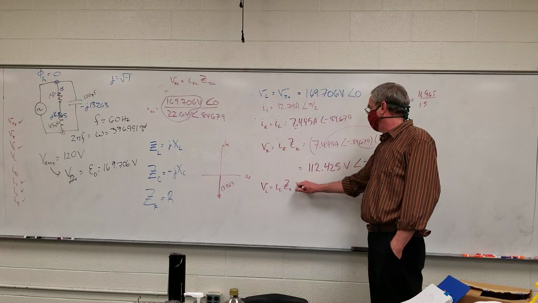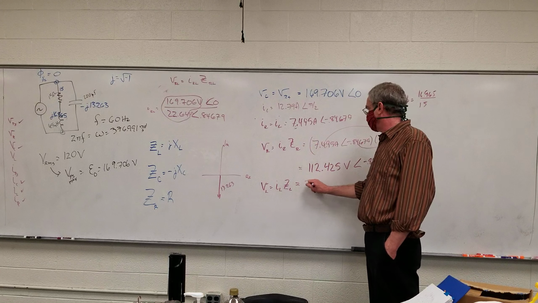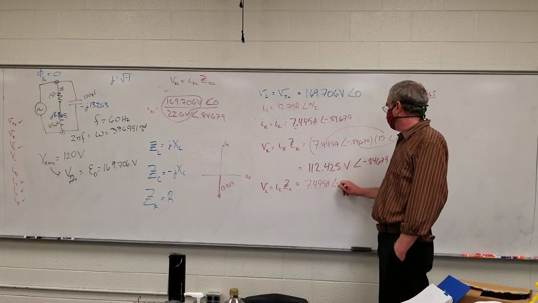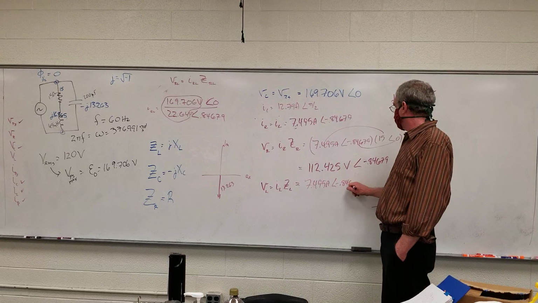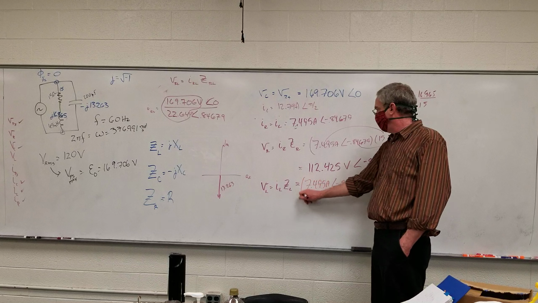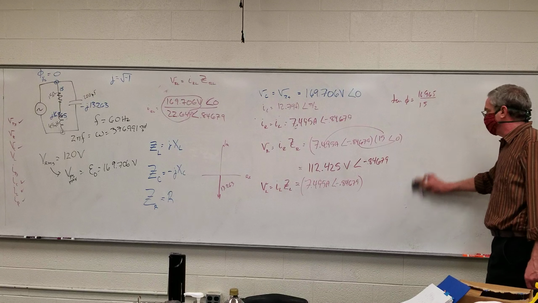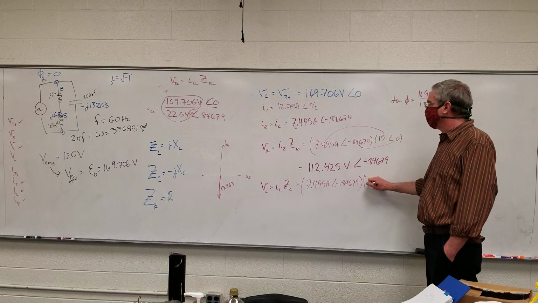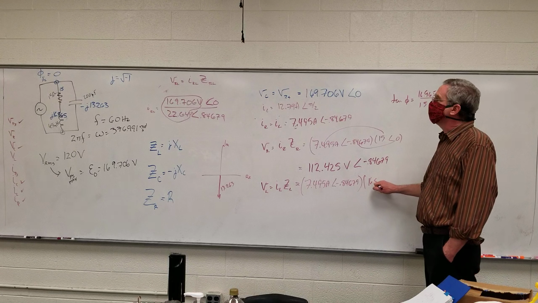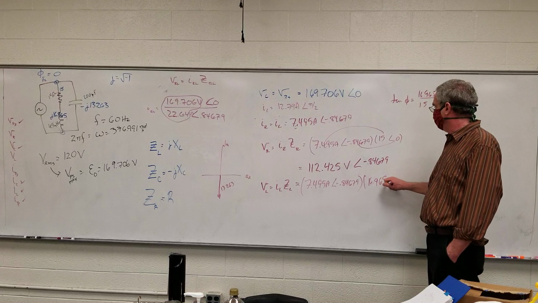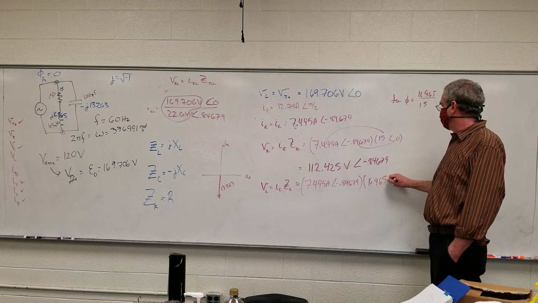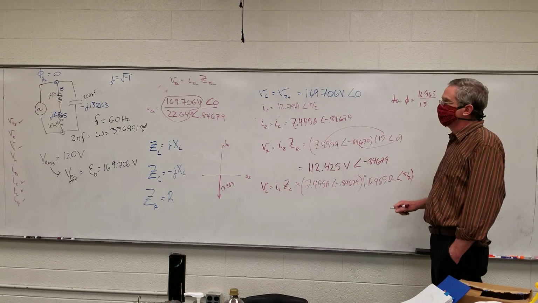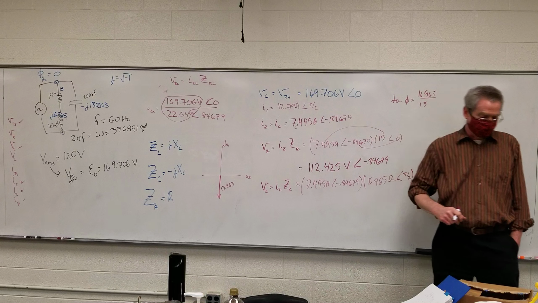So that's the current, the same as we just used, 7.495 amperes at an angle of negative 0.84679 times my impedance across the inductor, which is 16.965 ohms at an angle of pi/2, because it's a positive imaginary number.